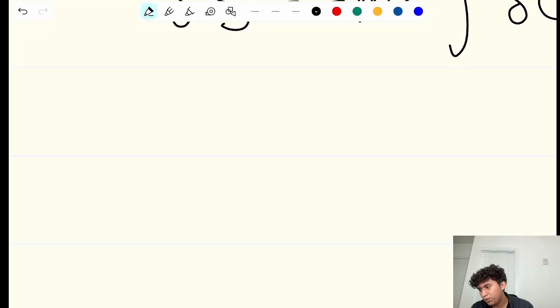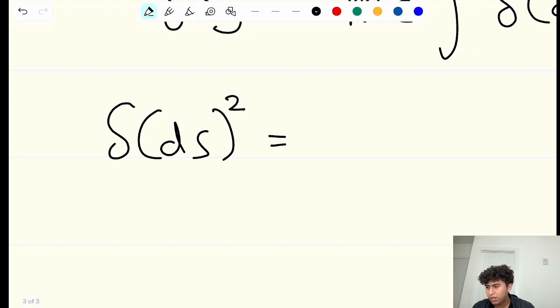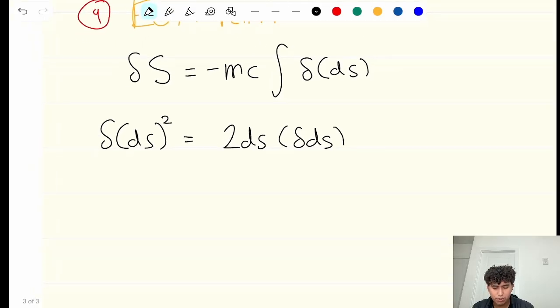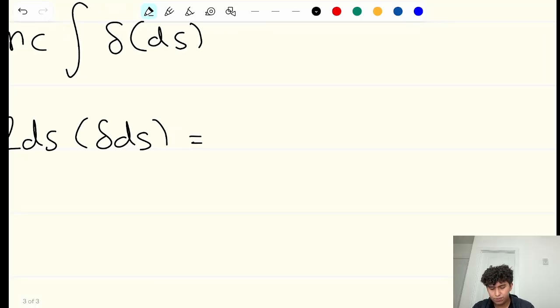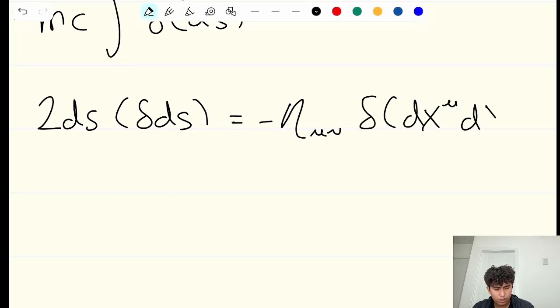So we have to find this, but it's going to be easier to find this quantity squared, because then you can do 2 ds and then ds. I'm just taking a derivative here, as usual. And then we can replace our expressions. This is going to give us minus nu, dx nu, dx mu.